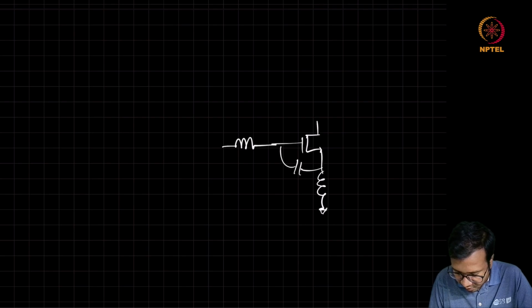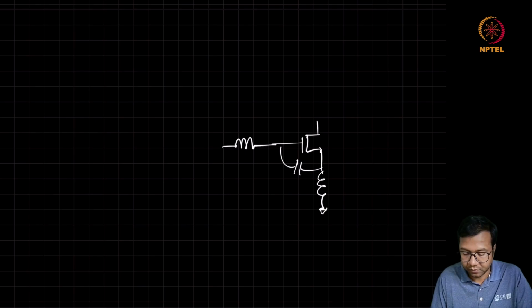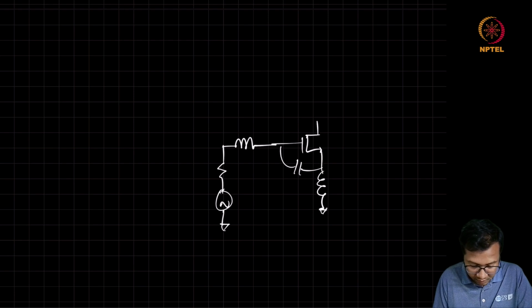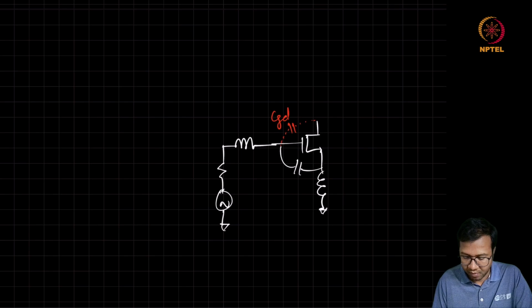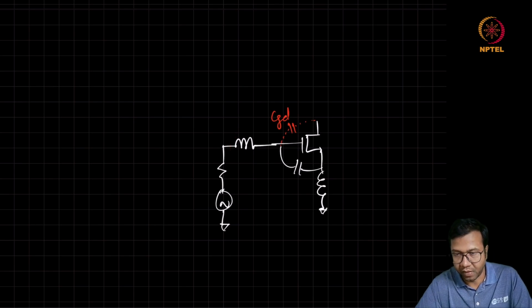For a practical design, we will see that when we are trying to obtain the input matching, there will also be some CGD present, and the CGD can actually cause instability as well as make the input impedance dependent on the output network.